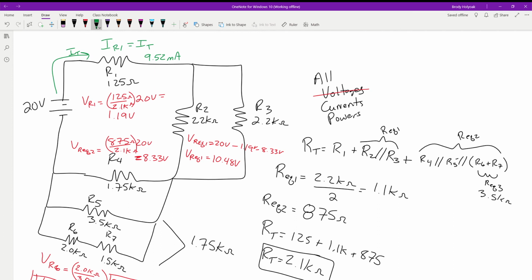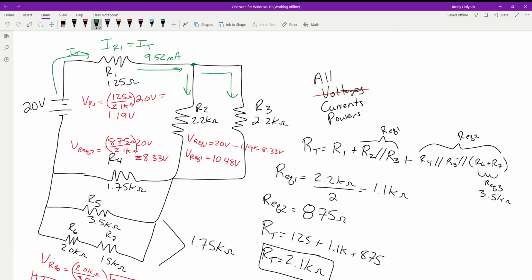Okay, now we have that much current coming through this direction. It's going to hit this node, and we're going to split. So we can do one of two ways to solve the current on each of these individual branches. We can take their individual branch voltages divided by the resistance, or we could also use current divider. But there's also another way to do this.